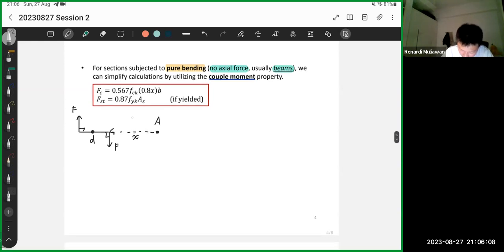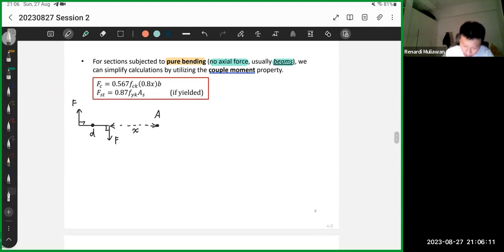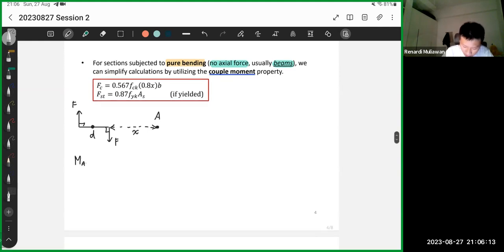This is X, that's A. If you take a moment about A, what's the moment by this force? It's basically the force multiplied by D plus X, because the force goes this way, clockwise positive. While for the other force, the moment is just F times X.